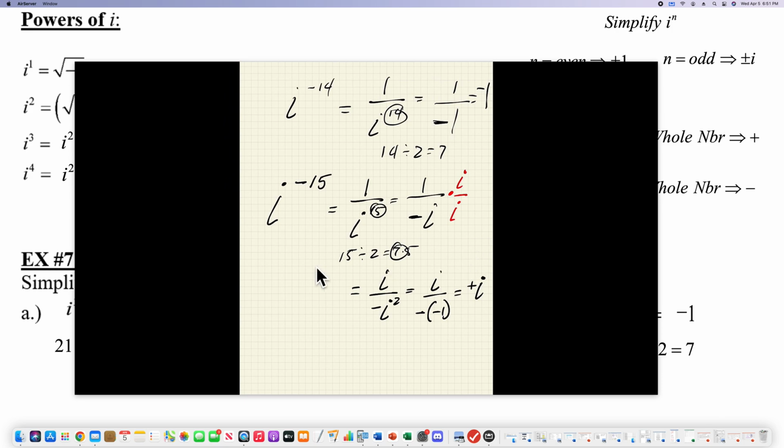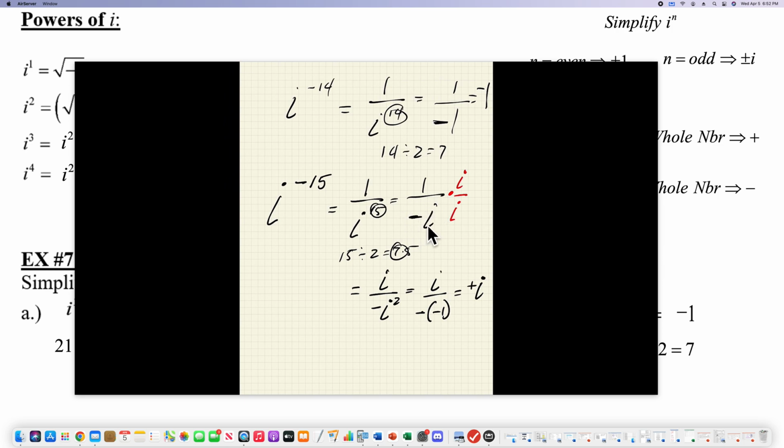So you got to be careful here. For negative exponents, putting it in the denominator is the smartest way to approach it. If it's an even negative, you can just apply the rule because you're going to come up with that negative. There are no extra i's. Everything simplifies away really nice. But if it's an odd, put it on the bottom.